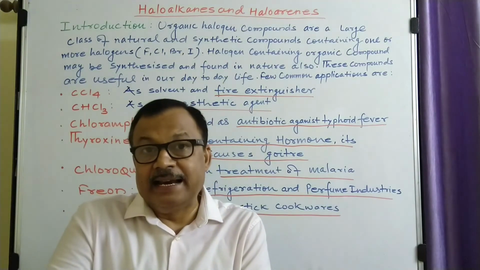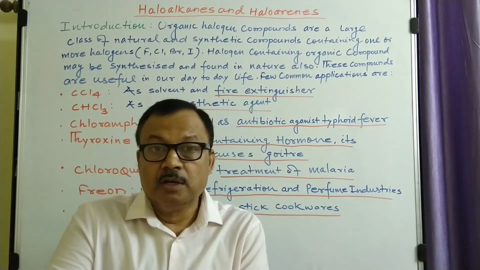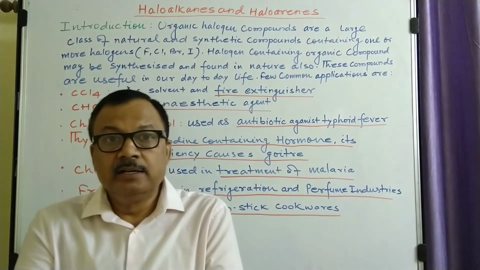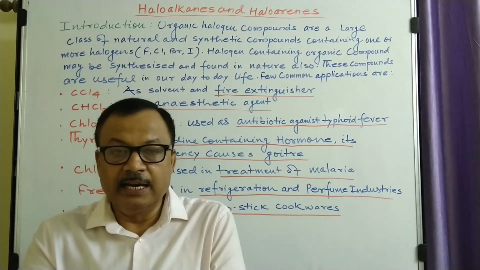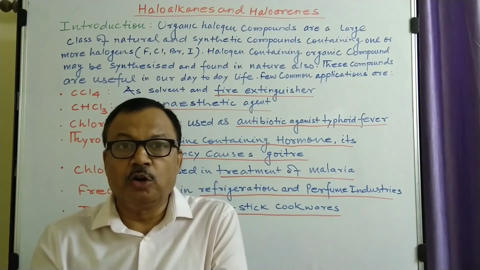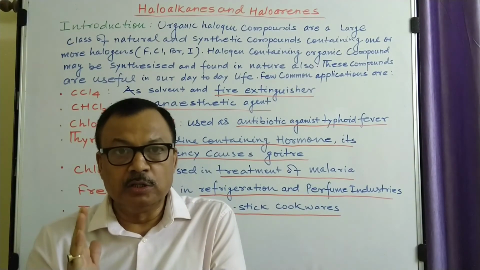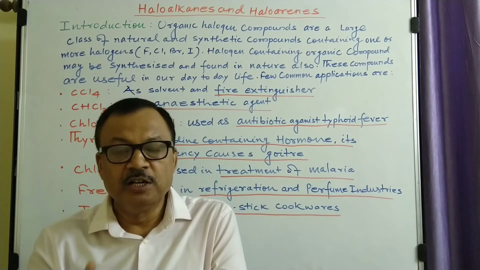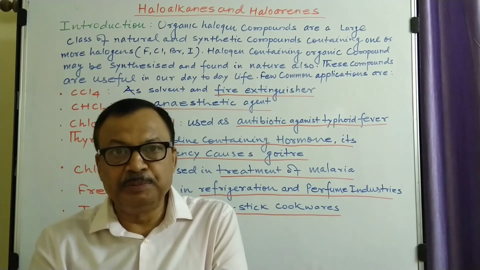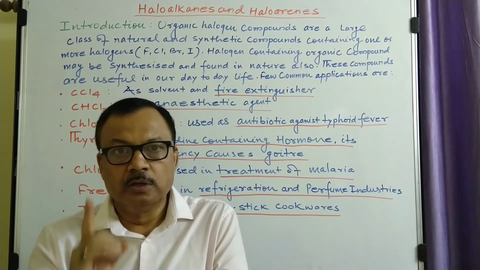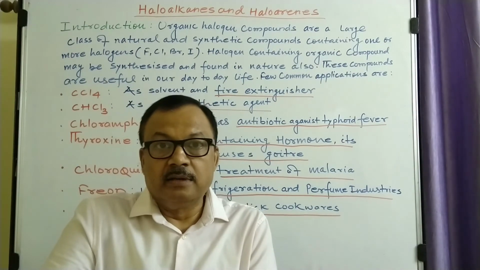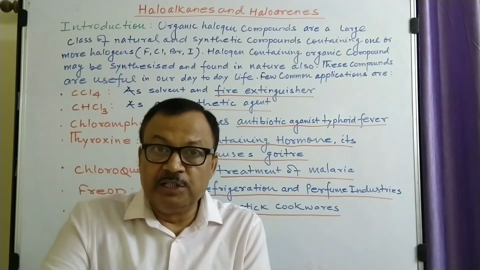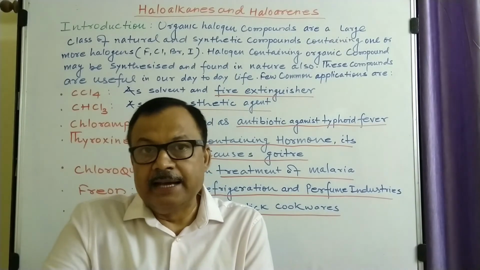Again, benzylic halides are divided into three parts: 1 degree benzylic halide, 2 degree benzylic halide and 3 degree benzylic halide. So, classification of alkyl halides on the basis of hybridization: for the sp3 C-X bond, number 1 is alkyl halide, number 2 is allyl halide and number 3 is benzyl halide.